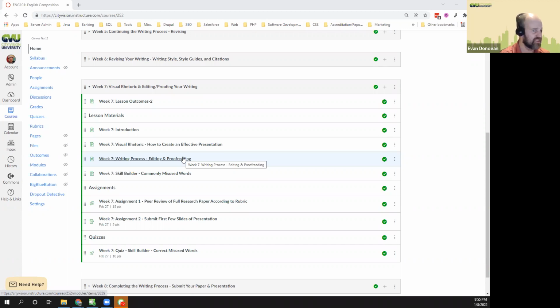So proofreading is kind of a more mechanical process, and there are computer-based tools that can help with proofreading. They can't help with everything. There are some commonly confused words, though, that they often miss. So we have a skill builder section that'll give information about that, and there's a quiz that covers that as well.